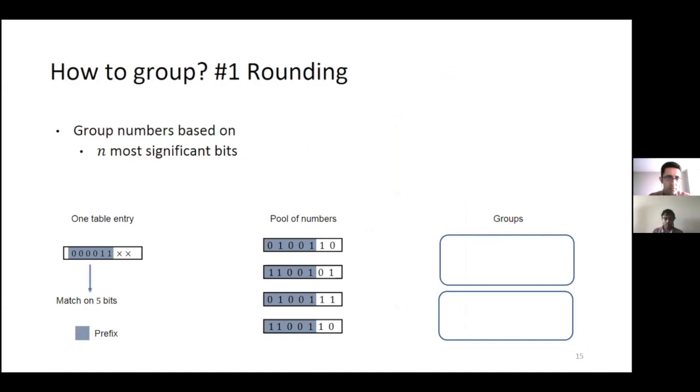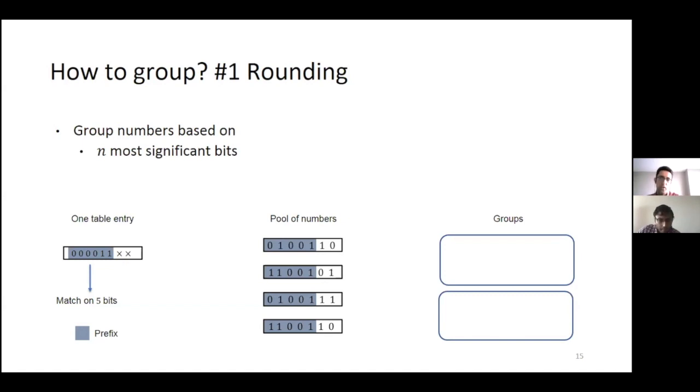In this approach, we will match on the n most significant bits. In the example at the left, I have a number and I'm matching on 5 bits. So basically, if any other number in my list follows exactly the same pattern, which means that the 5 most significant bits are similar to this number, it will be in the same group.